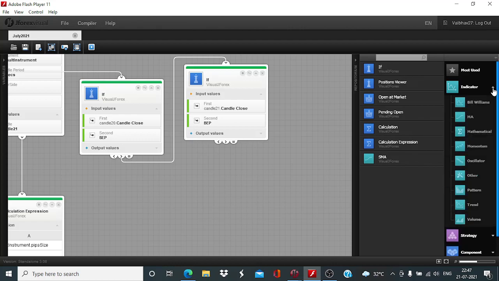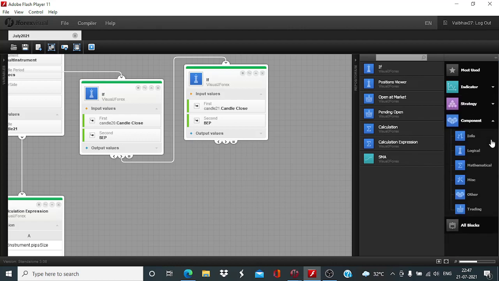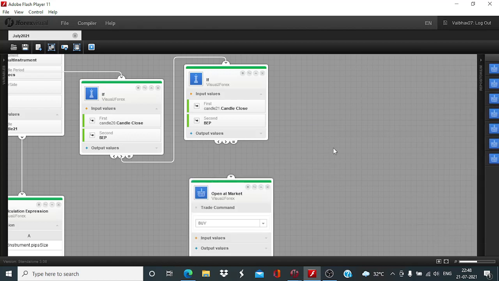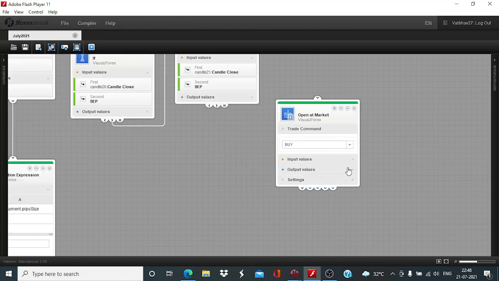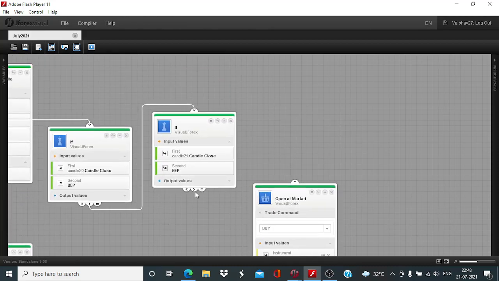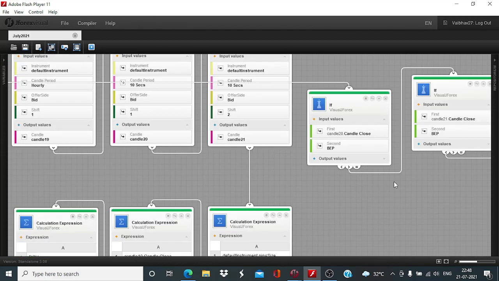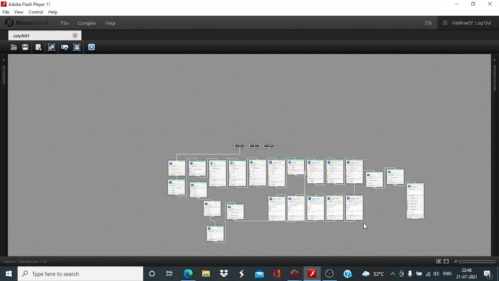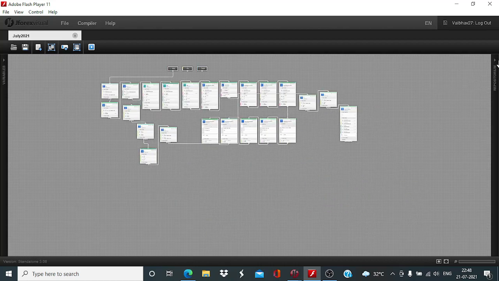and we add trade command block, open at market, first input less than second input. Okay, so this is the setup so far.